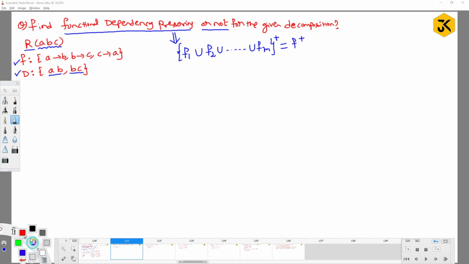So let me take a relation AB. You need to define which additional attributes are possible. So try to find out the FDs which are possible with A. For that we find A closure. From A you will get B, from B you will get C. But C is not in our relation, so we can simply wipe it out.